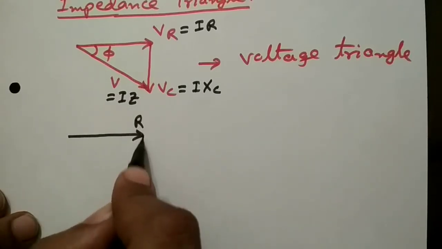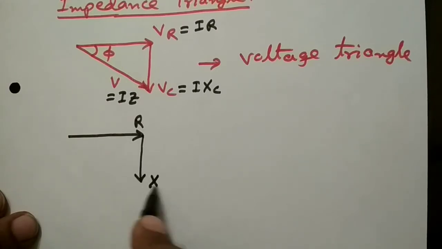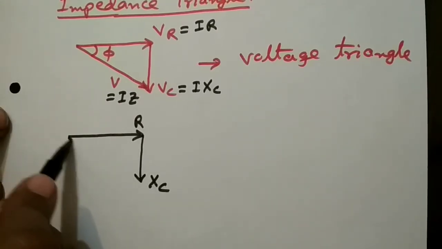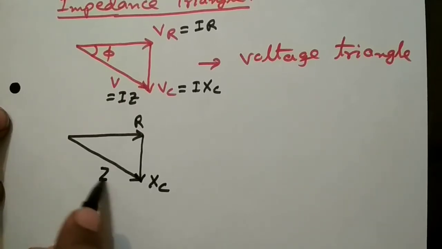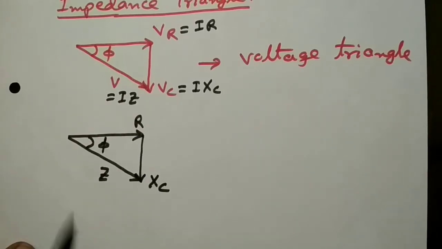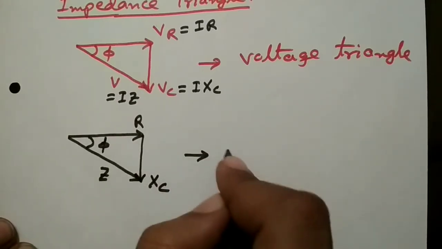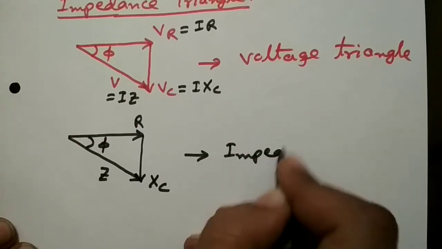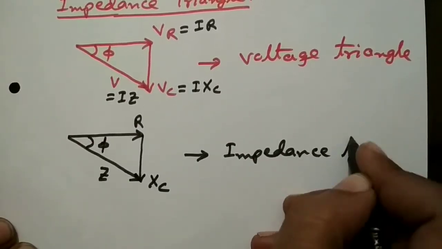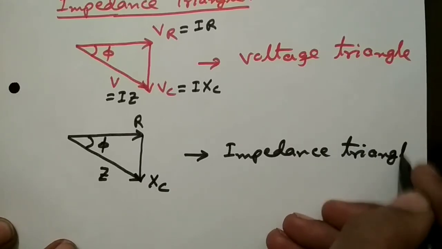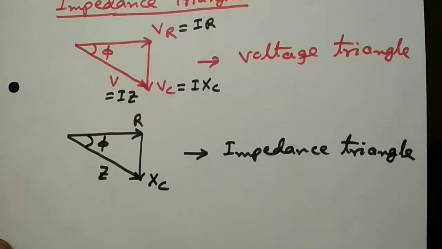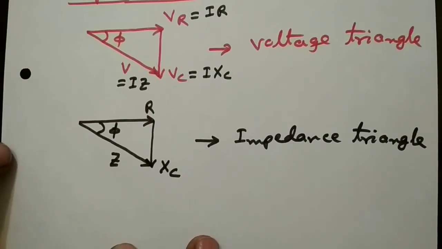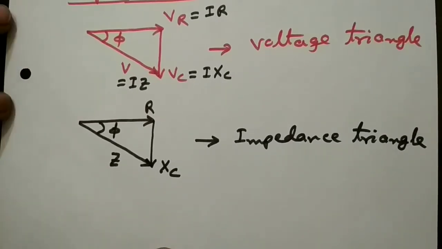Here it will be R, it will be XC, and here it will be Z, and this angle is phi. So the resistance, capacitive reactance and impedance make a triangle, and this triangle is called the impedance triangle. The impedance triangle we have also seen in the RL series circuit.